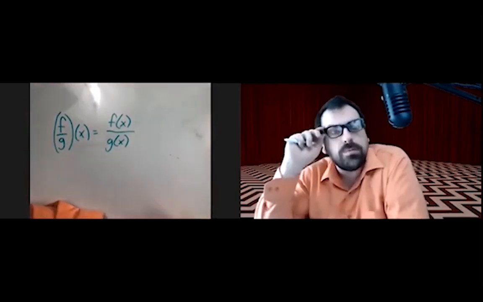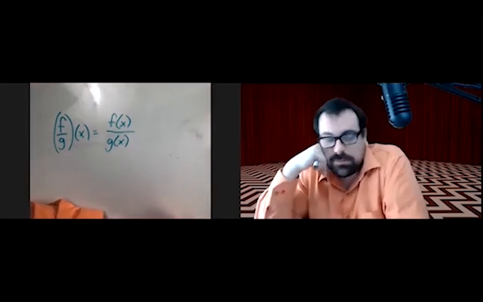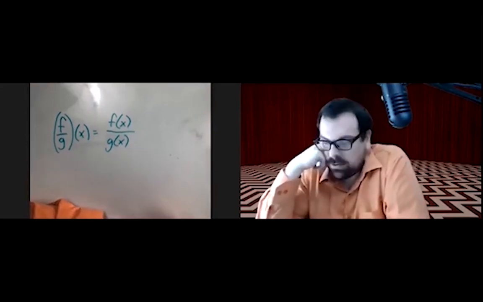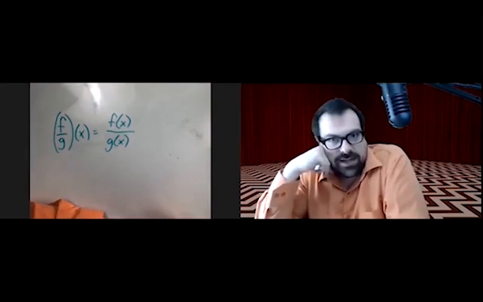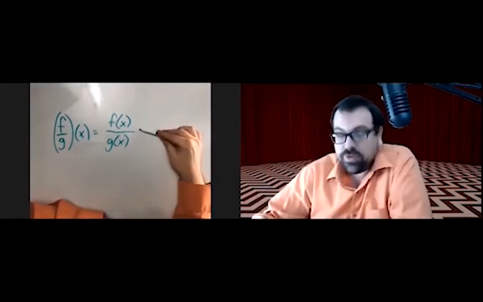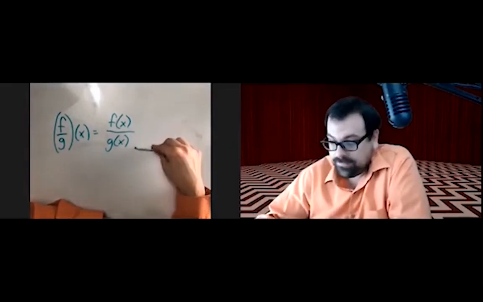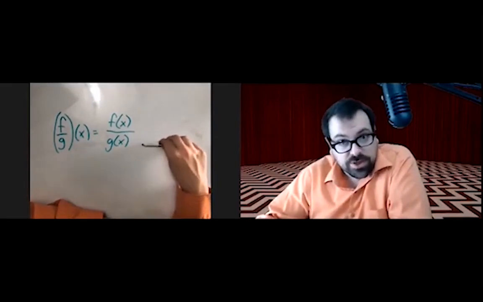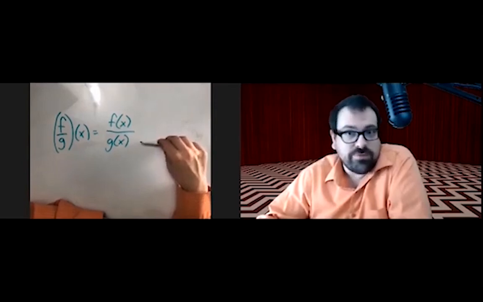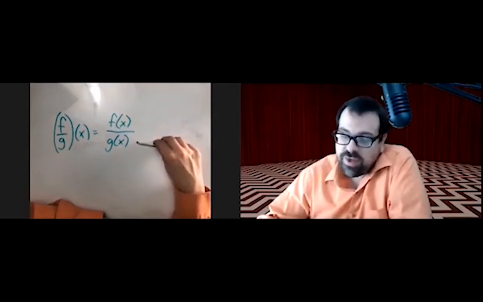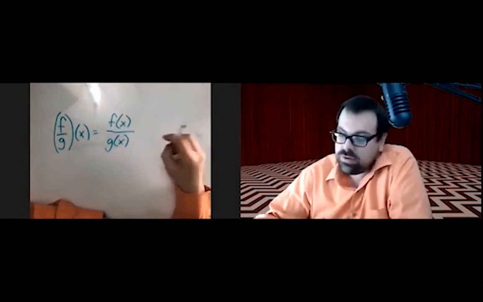I'm going to see if you can get there before I actually say it out loud, but I'm going to start hinting around it. G of x is on the bottom of a fraction. We're dividing by g. There's a certain thing we can't have on the bottom of fractions, and therefore it's a certain thing g of x can't equal.